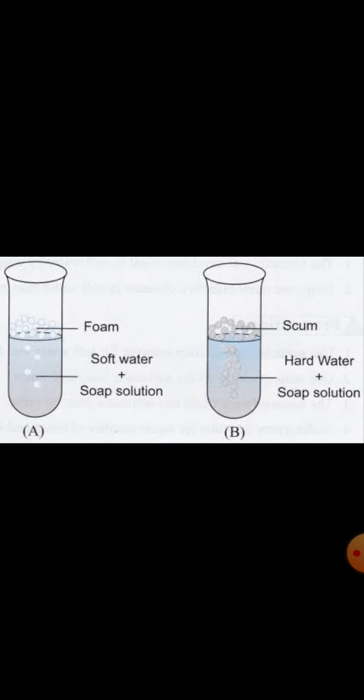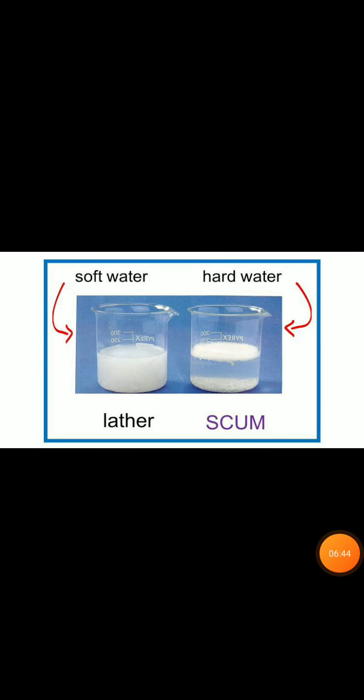Precipitate formed by hard water and soap solution, which is insoluble in water. We can understand it this way also: soft water gives lather, another name for foam, and hard water gives scum. You can easily see in the figure that scum does not dissolve in water.